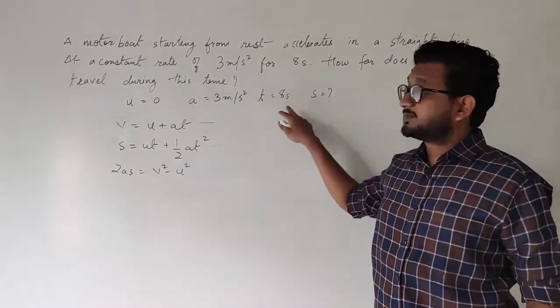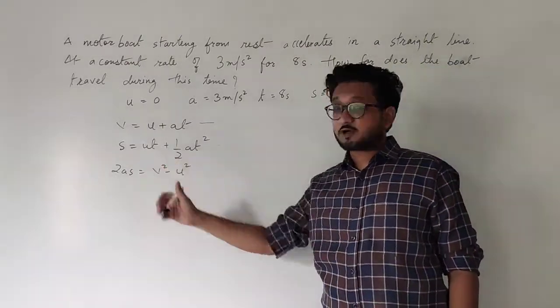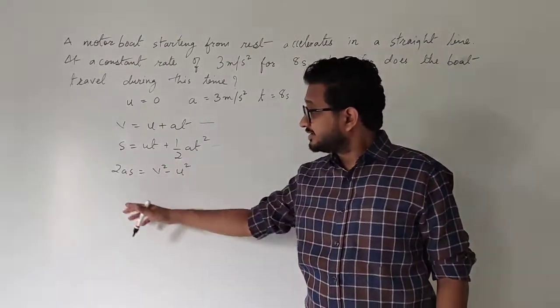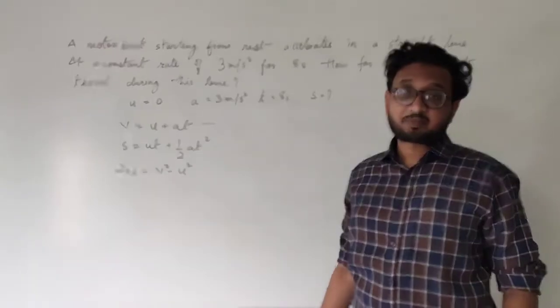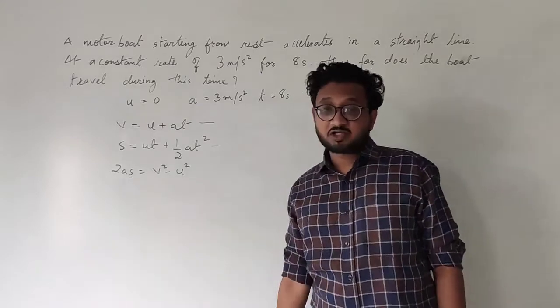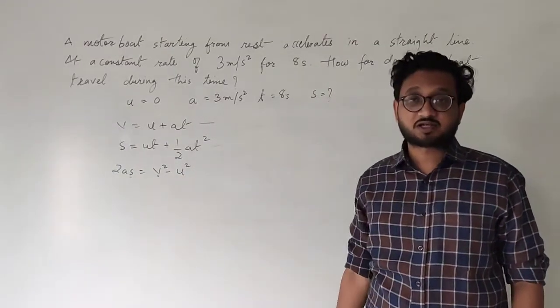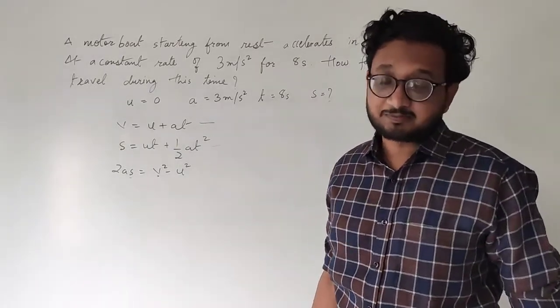Every value is available with us and we can use this formula. The third one is 2as is equal to v square minus u square. Once again you can find displacement here, but we are not given the final velocity.